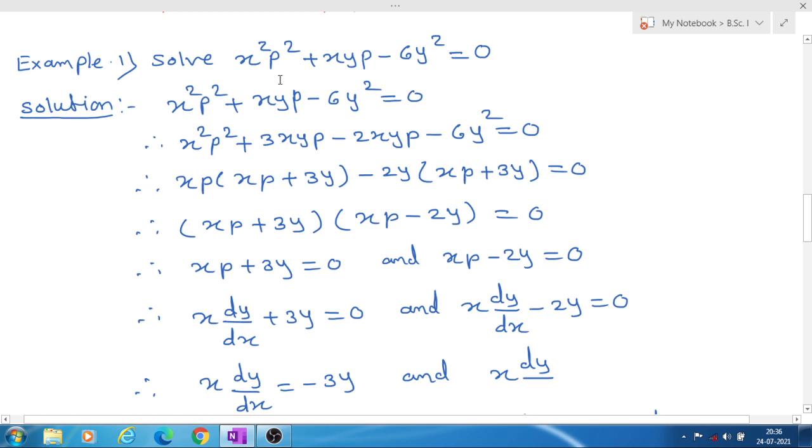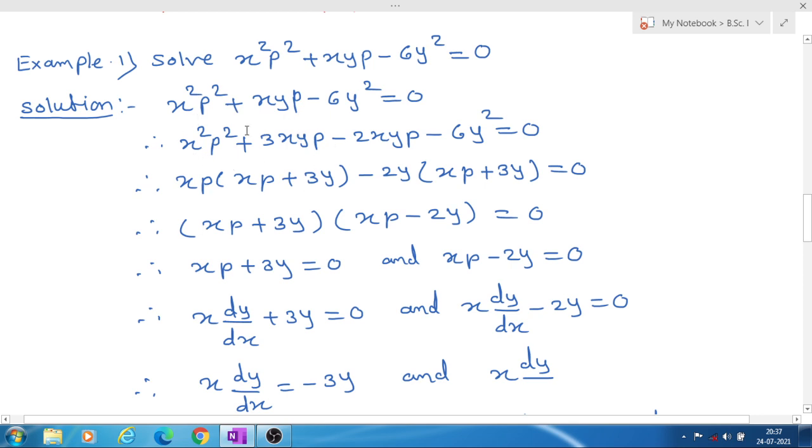If there is dy by dx, then we put the value of dy by dx equal to p. So here the equation is already given in the form of p, therefore we need not substitute dy by dx. So our equation is x square p square plus xyp minus 6y square is equal to 0.